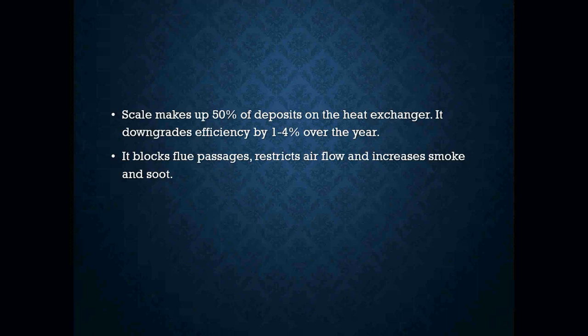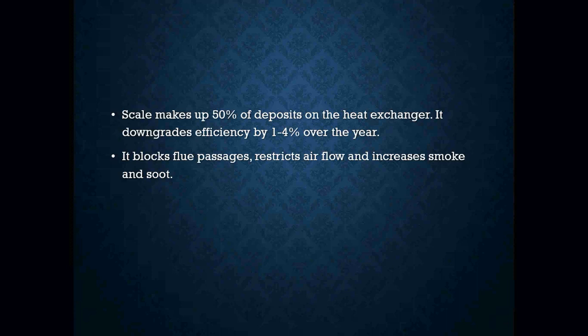Okay, so scale makes up about 50% of deposits on the heat exchanger. It also degrades the efficiency of your furnace or boiler by 1 to maybe 4% over the year, which is why it's very important to have your annual maintenance done on oil-fired equipment, because that's where we go in and clean it, take the flue pipes apart, and look up the chimney to make sure we don't have any scale plugging up the chimney, because all that stuff is just going to make for a bad day.